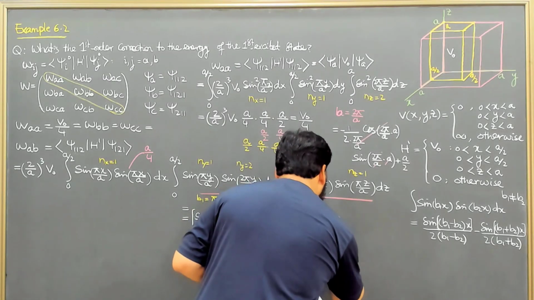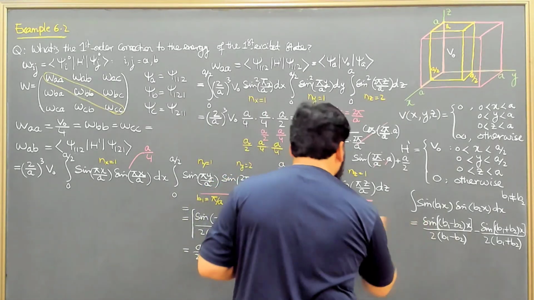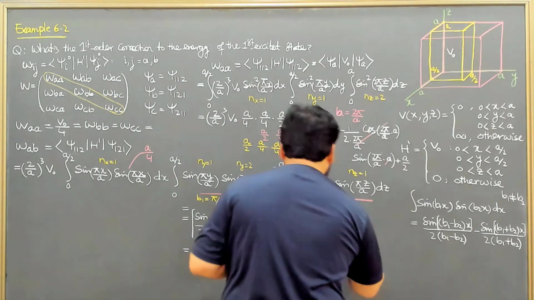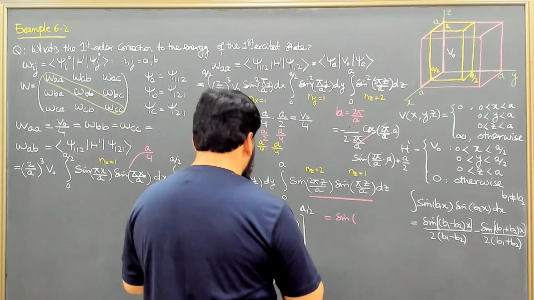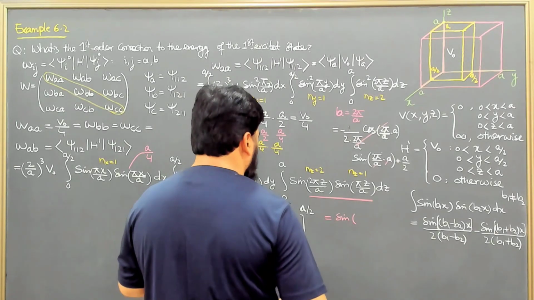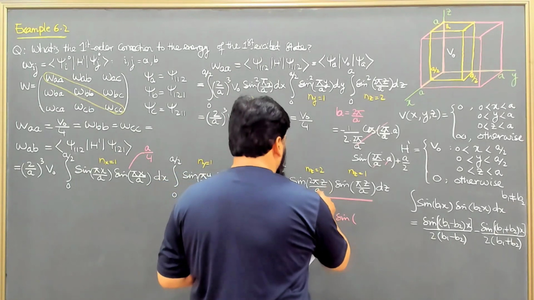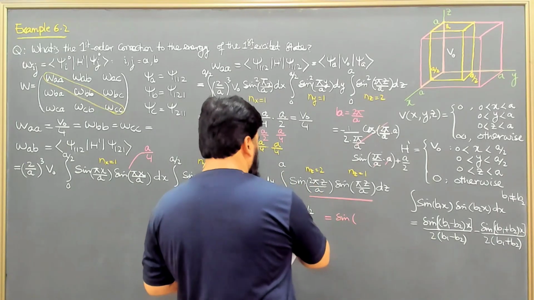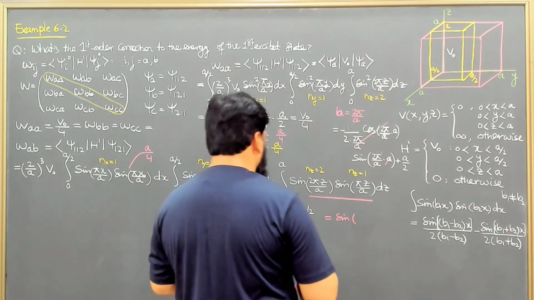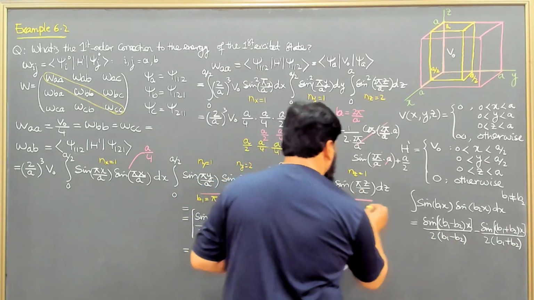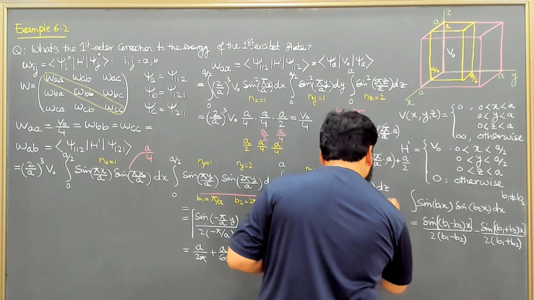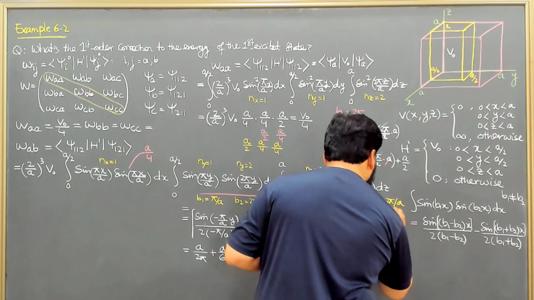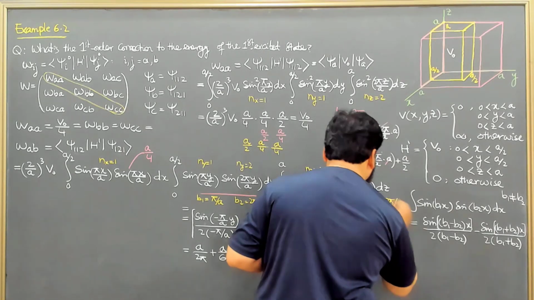So this integral is equal to sine. Here we have b1 equals 2 pi over a, and b2 is this, so they are changed here. b1 is equal to 2 pi over a and b2 is equal to pi over a.